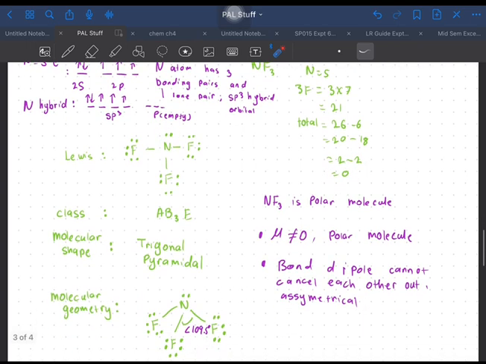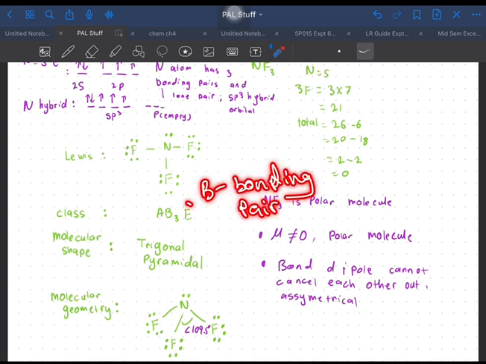Next, we identify the class, AB3E. Why AB3E? It has 3 bonding pairs. B is the bonding pair, and E is for electron pair, or the lone pair.